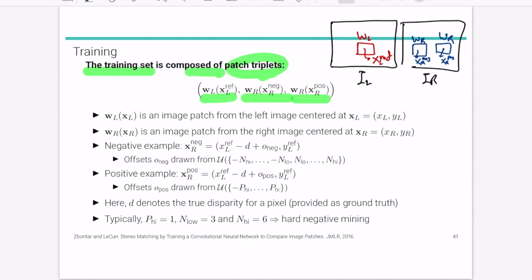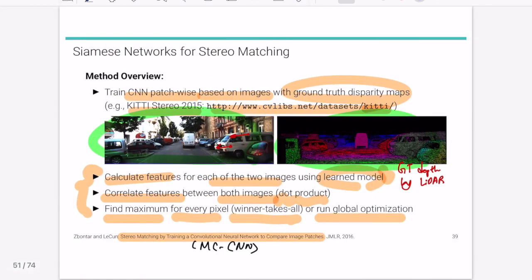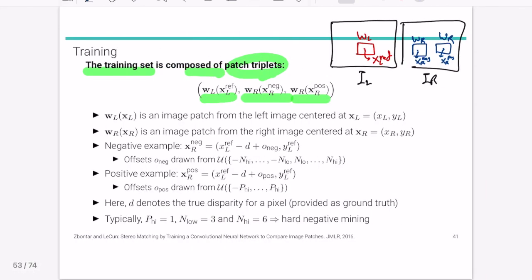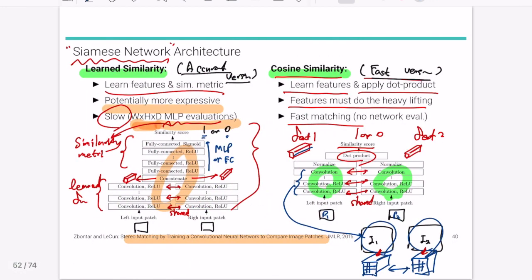This is the setting. Given left and right images and a disparity map or depth map, we make such patch triplets, which can be used to train a stereo matching network like this.